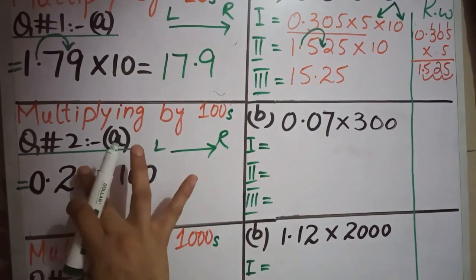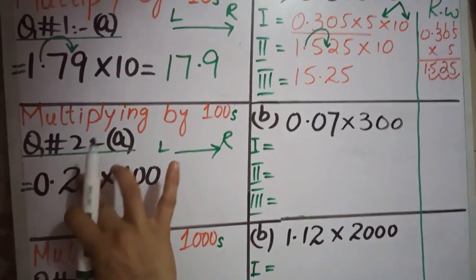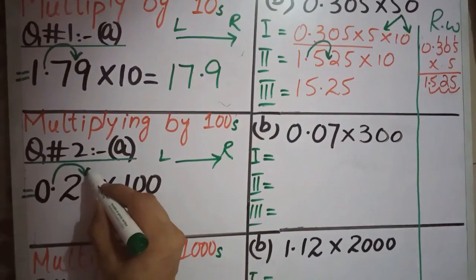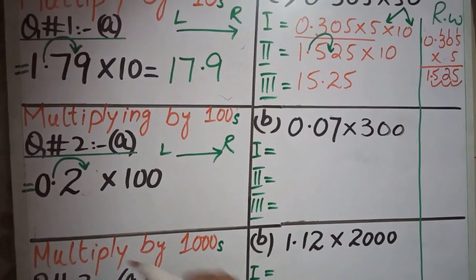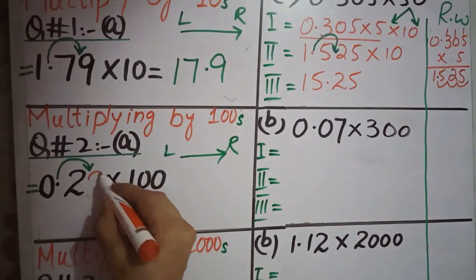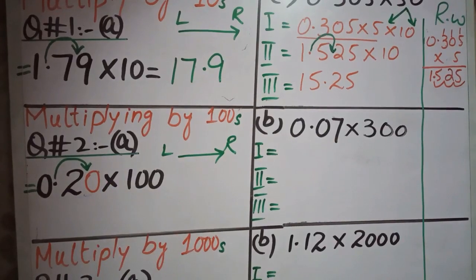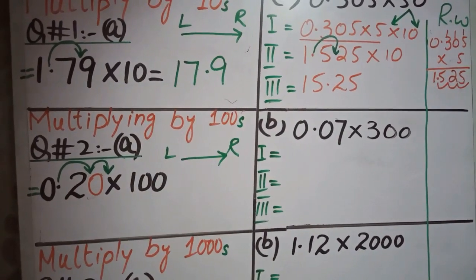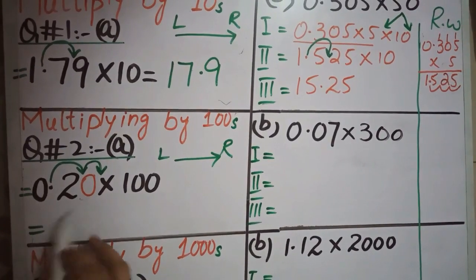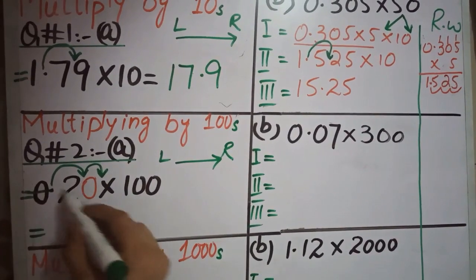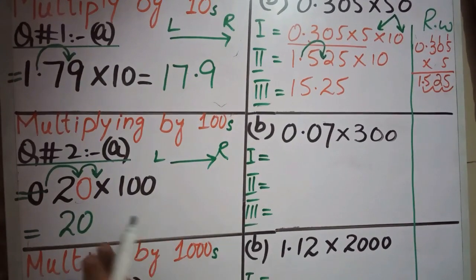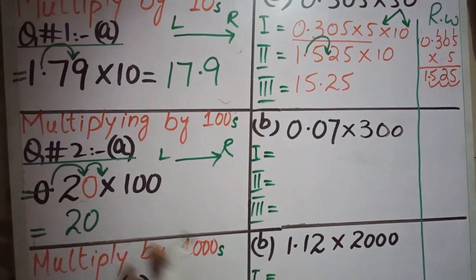Before this here was 2. If we shift the point once, we want one more digit, so the digit we add will be 0, then the 2. Then the 0 will shift 2 times to make it 20. The answer will be 20.